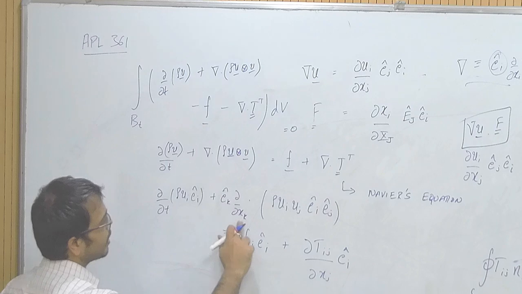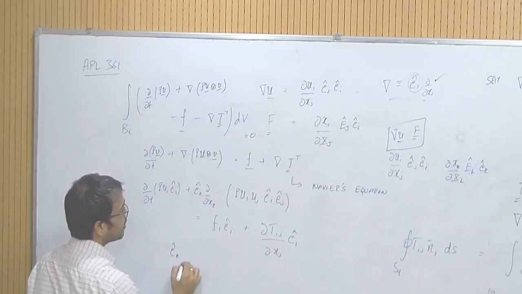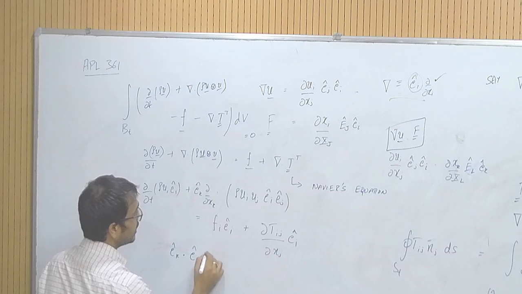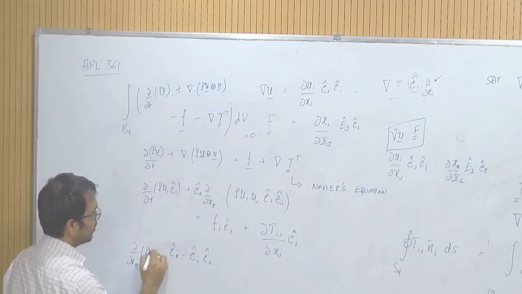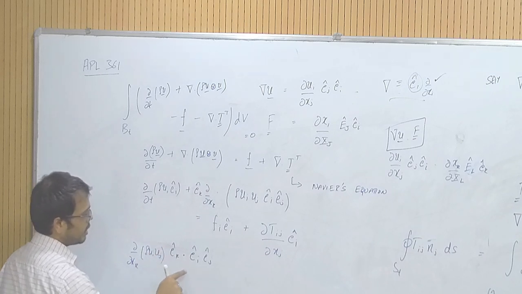So let us just look at this term. What does this term give us? So this is e_k dot with e_i e_j, and then we have del by del x_k of rho u_i u_j. So k and i will get swapped.